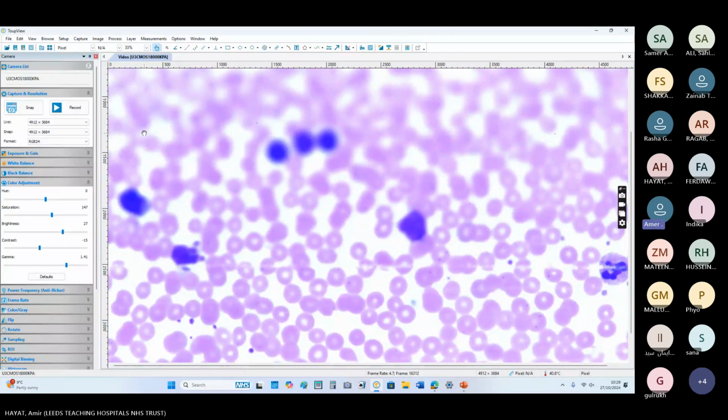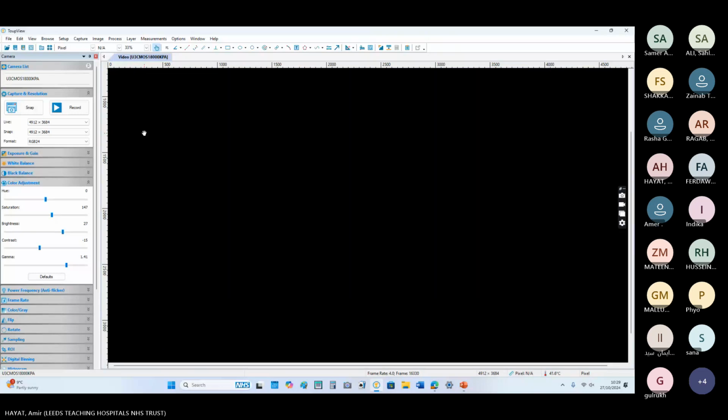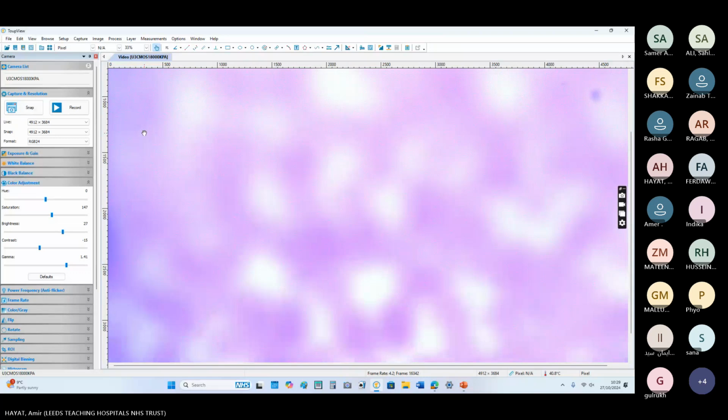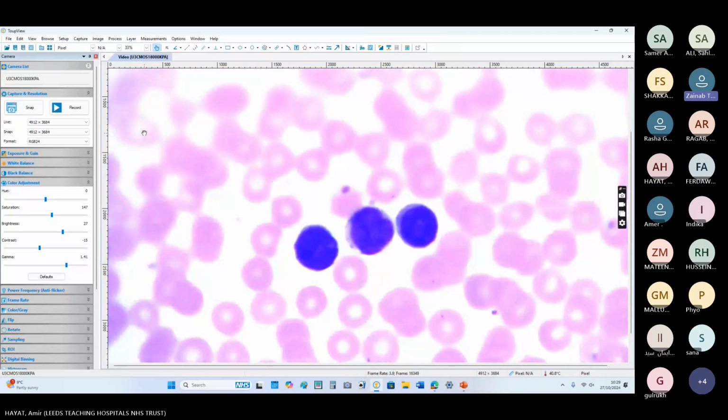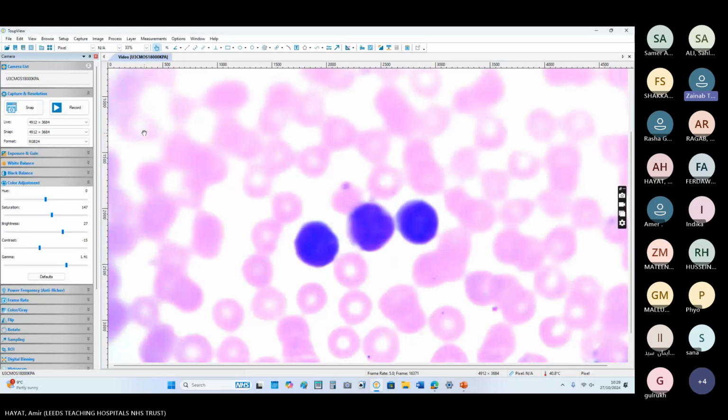Never heard about the hyperchromatic terminology. Sorry about that. No, that's okay. I think maybe that is more used in histology.